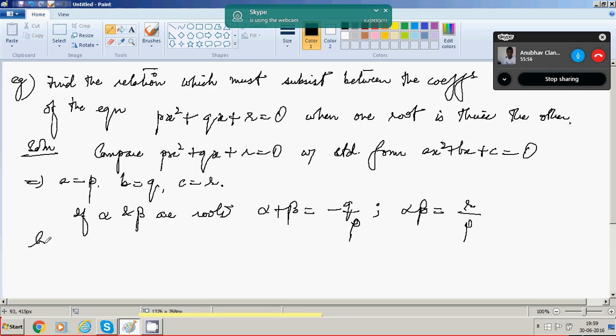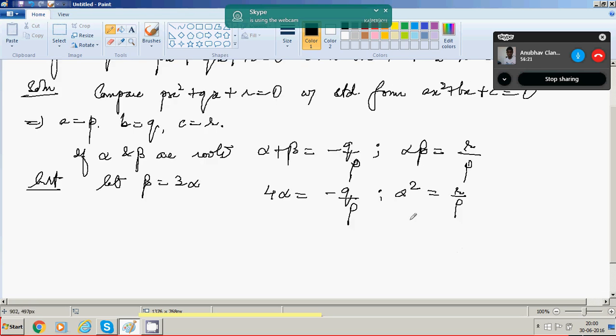But one root is thrice the other. So let beta be equal to 3 alpha. So 4 alpha equal to minus q by p, and alpha squared is equal to r by p.